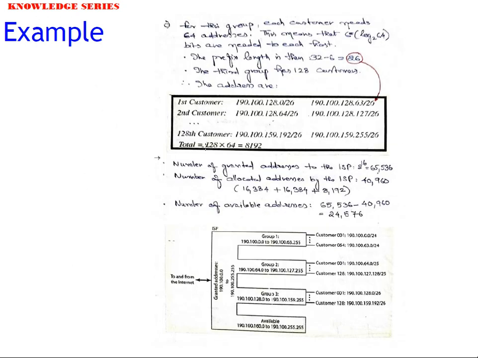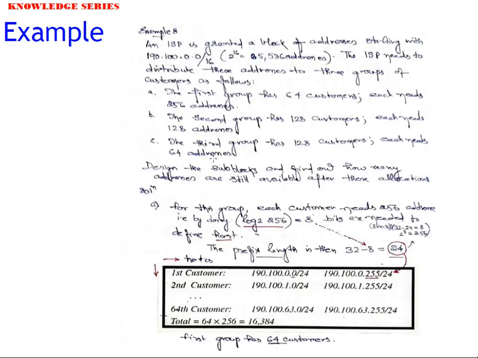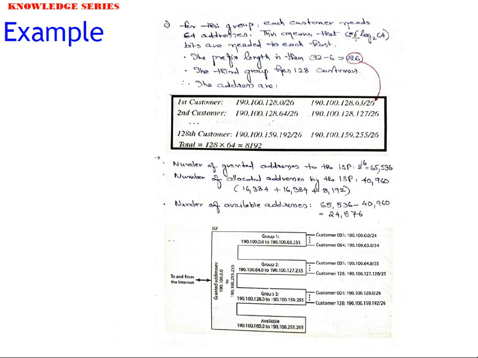The third scenario is being shown here. Now in the second scenario we got the maximum as 127. In the third scenario, if you look across the third scenario case, it says 128 customers and 64 addresses. So 64 addresses means 2 to the power of 6. So 32 minus 6, you got 26.